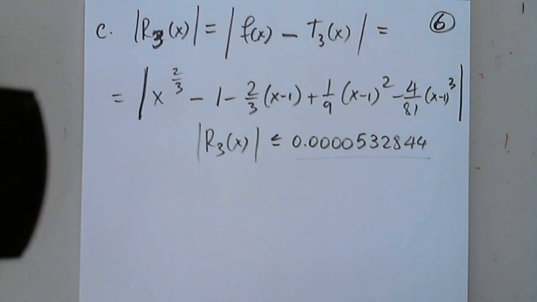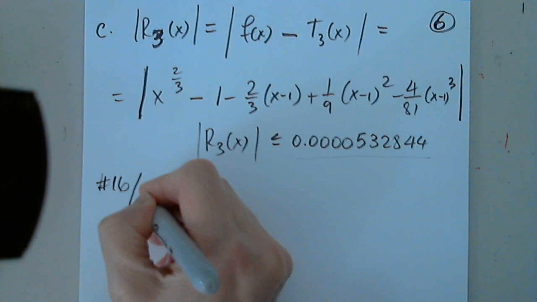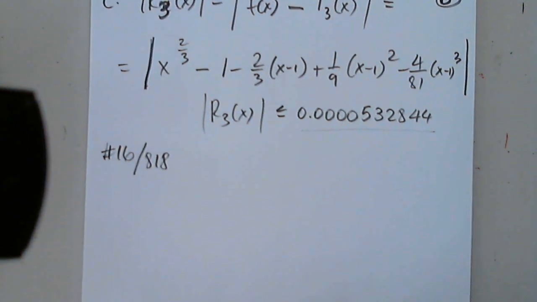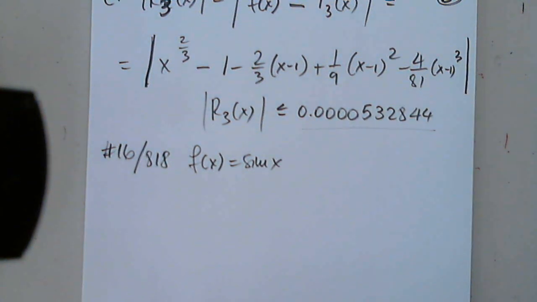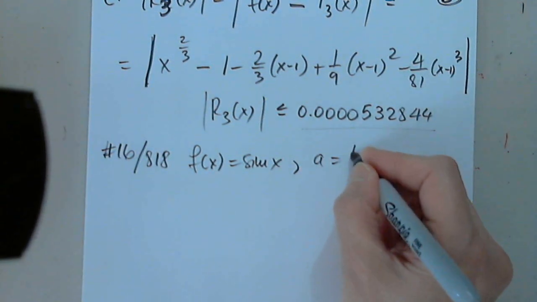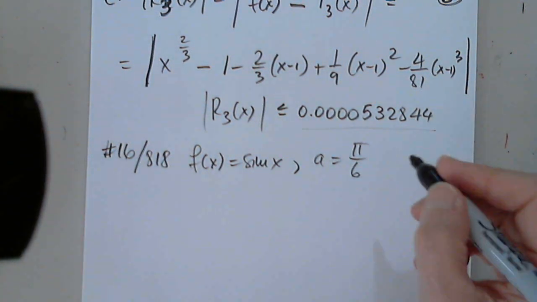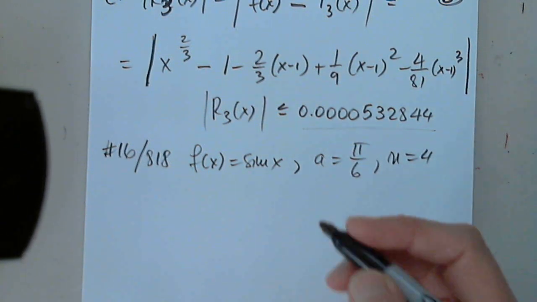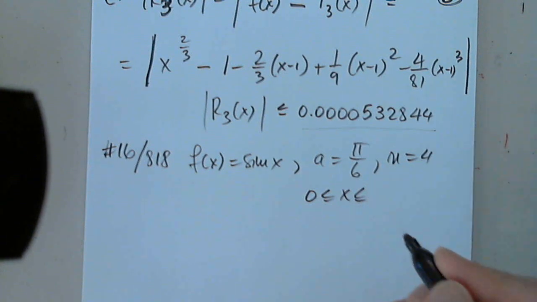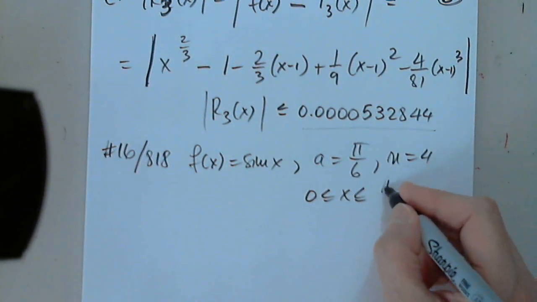The next problem, problem 16, on the same page, 818, and we have f of x equals sine x. They're telling us that a is pi over 6. They're giving us the 4th degree Taylor polynomial, and they're giving us x, of course, between 0 and pi over 3.